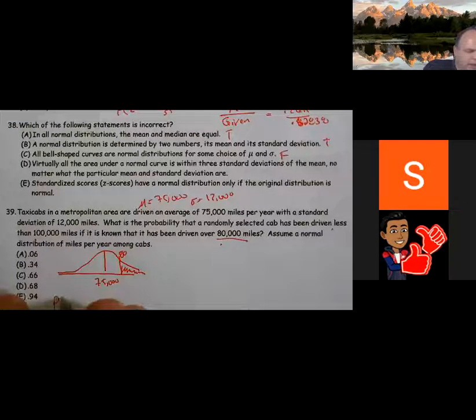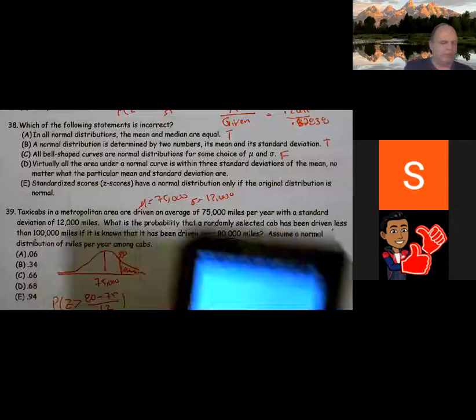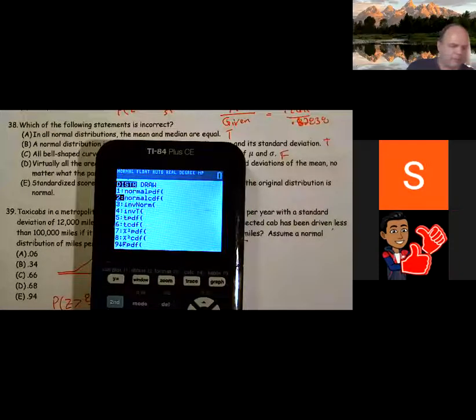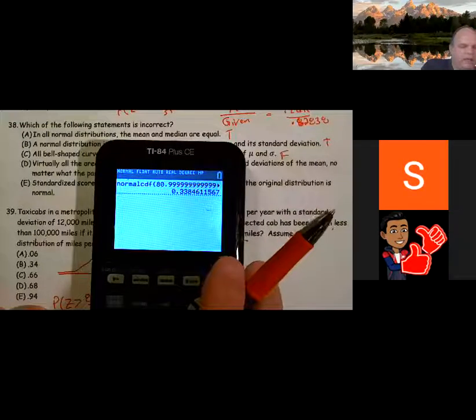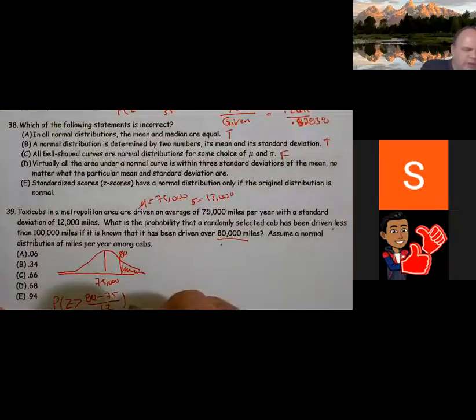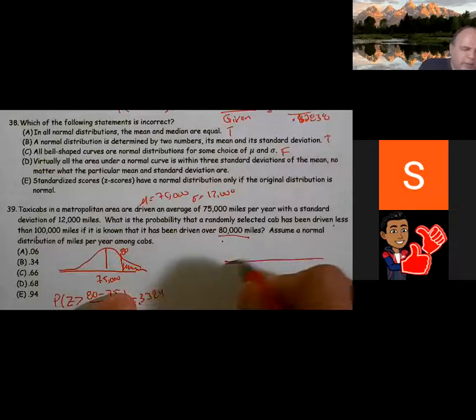So the probability that z is greater than 80 minus 75, point 3384, so about 34%. And then we have the second part.